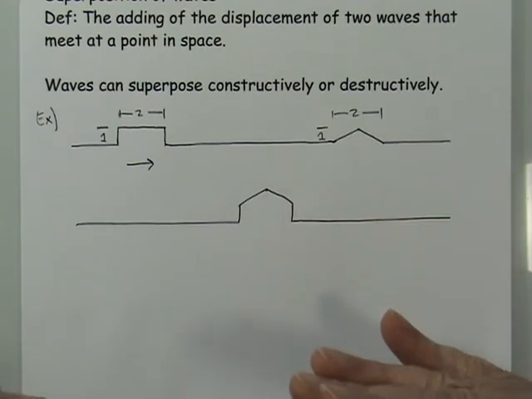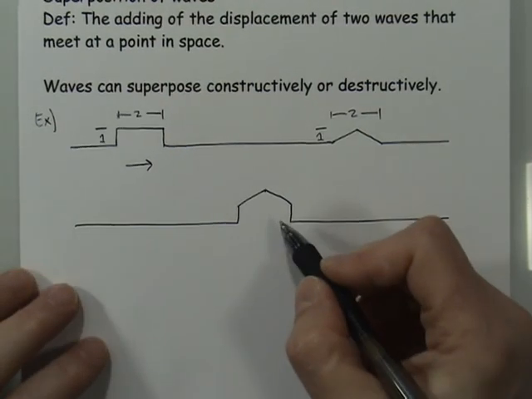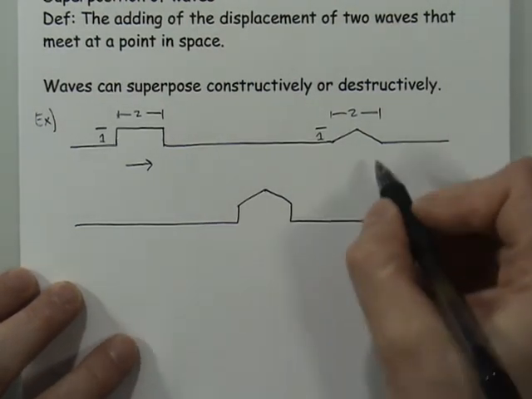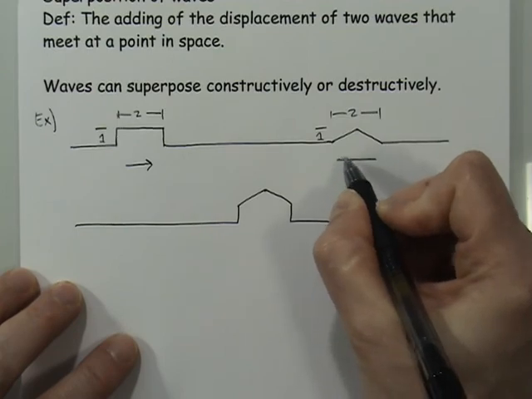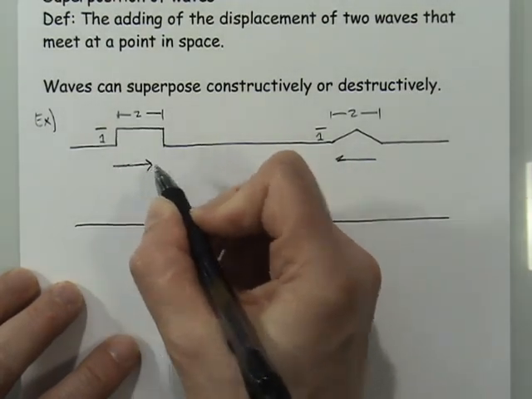Now, as they first start to meet, they'll have a little more complicated shape. But once they get completely superposed on top of each other, then they will have this shape. And these two are going to have the same speed because they're traveling on the same medium.